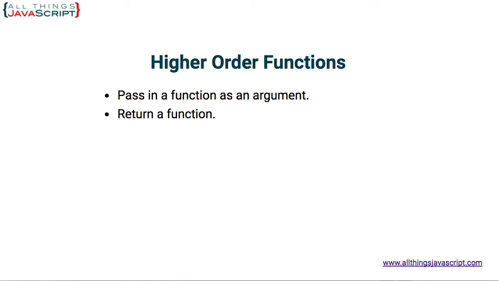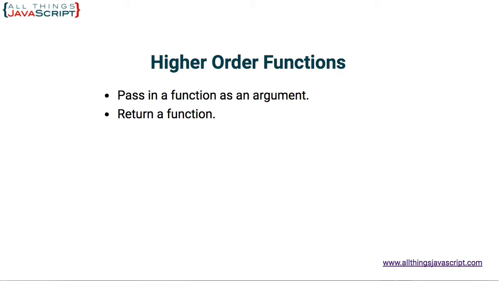In fact, you're required to pass in a function. You pass in a function, it iterates through each element in the array and passes that value to the function which you have passed in to that particular array method. And so they illustrate higher order functions.